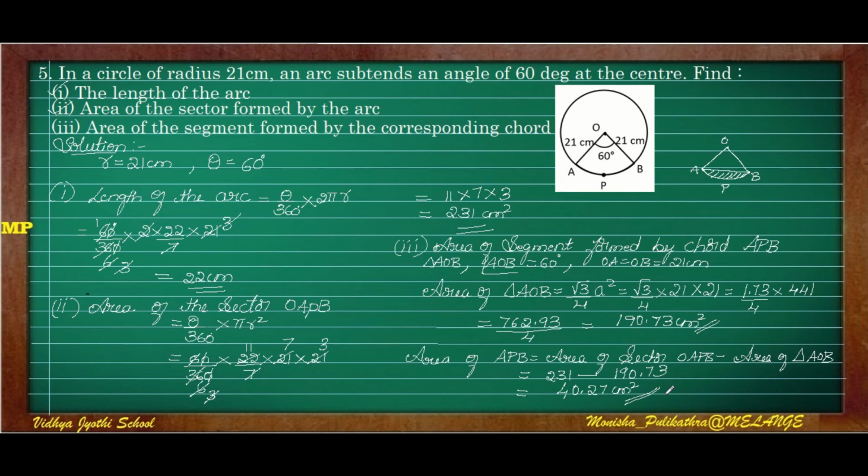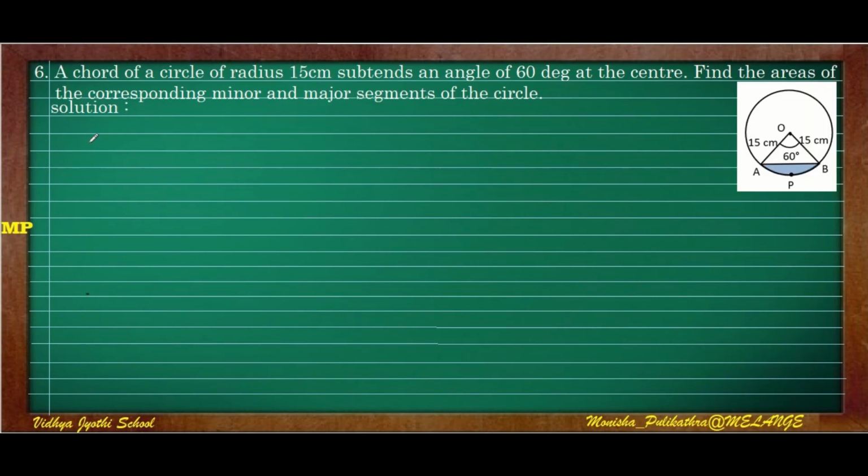Moving on to the sixth question of this session. A chord of a circle of radius 15 centimeter subtends an angle of 60 degrees. So theta is 60 degrees. Find the areas of the corresponding major and minor segments. Here they have not given sector, it is segment.